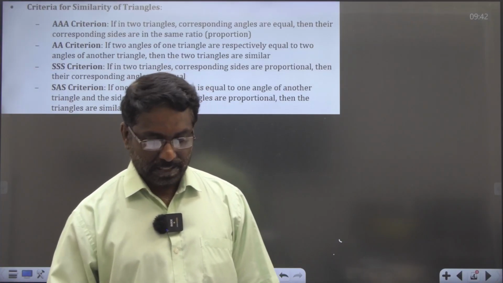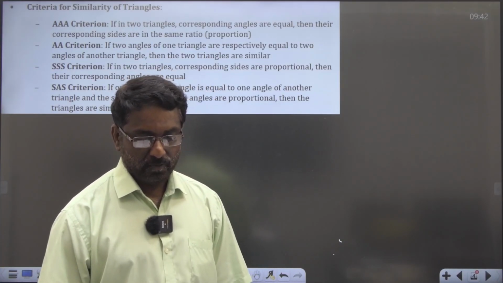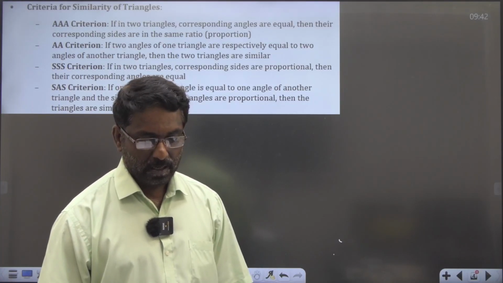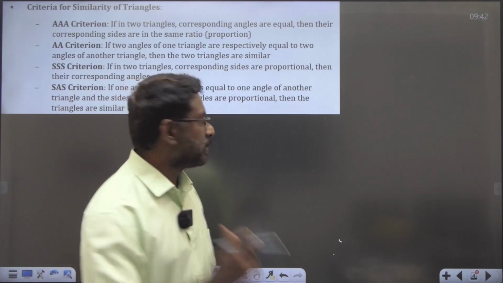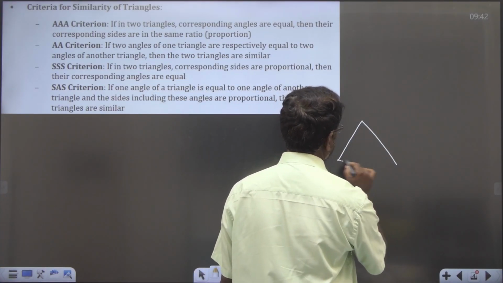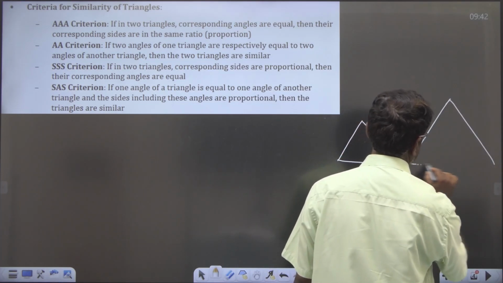First question: state which pair of triangles are similar. This is the first figure, and this is another figure.